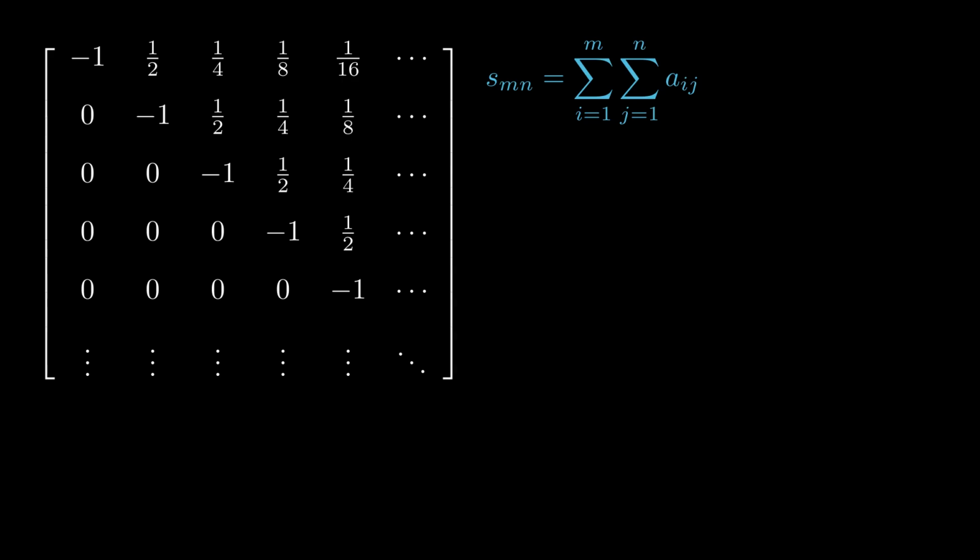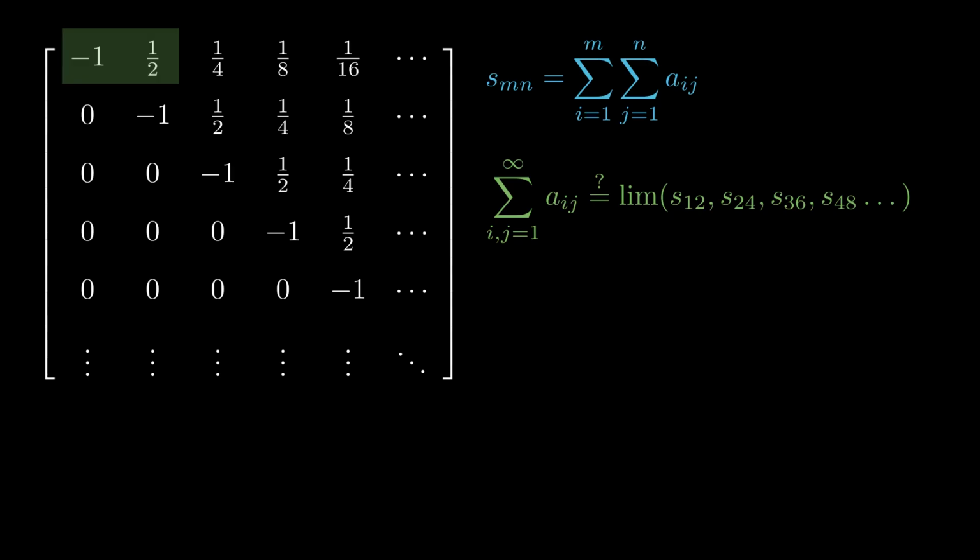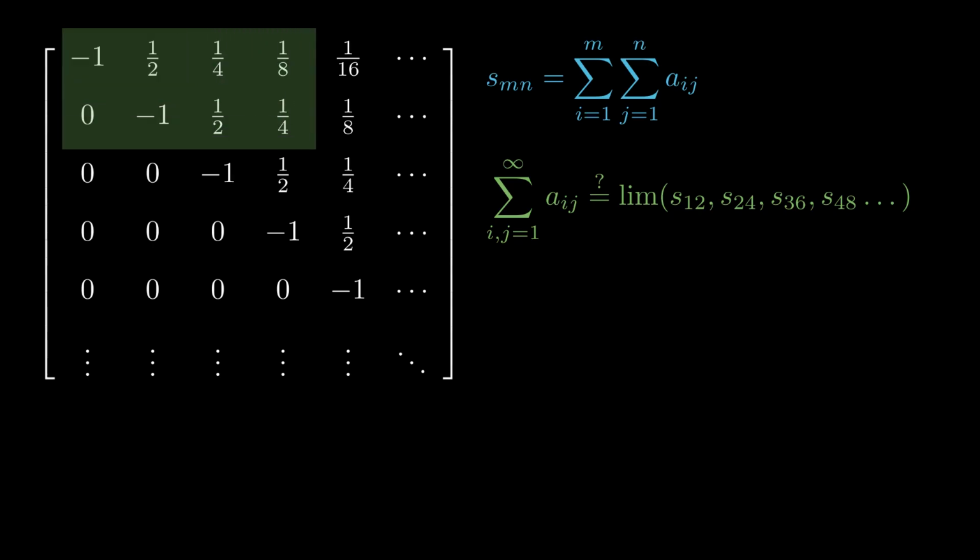Symbolically, we could define S sub mn to be the sum i equals 1 to m, j equals 1 to n of Aij. Now what we were before calling S3 would now be S33, and we could now also refer to other rectangular partial sums that weren't necessarily square. So I could add all of the entries in this matrix in a fourth way by looking at the limit of the sequence S12, S24, S36, S48, etc.